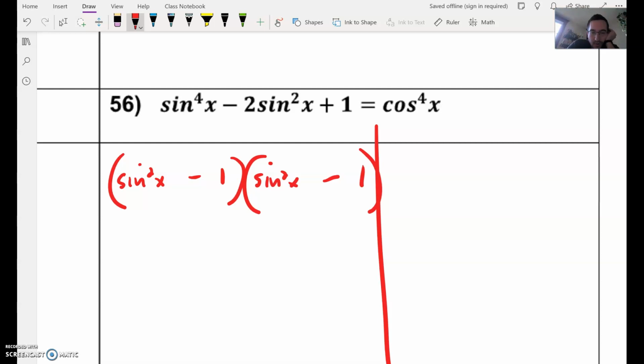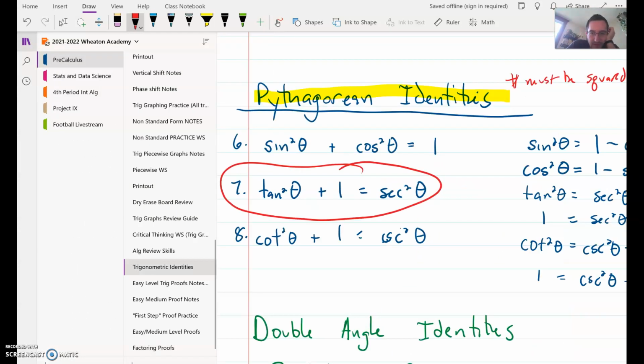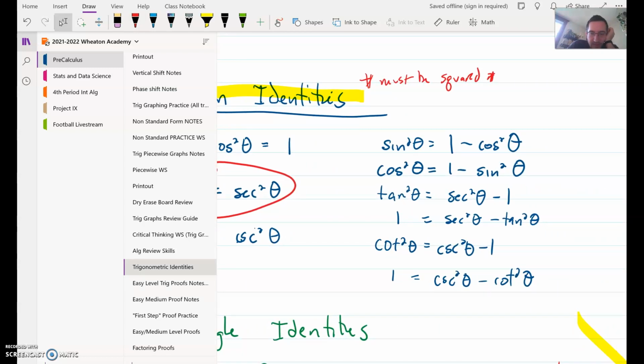So, where do we go from here? We need it to equal cosine to the 4th. Sine squared x minus 1. I go back to my identity sheet, and I see that a sine squared can get switched out for a 1 minus cosine squared.